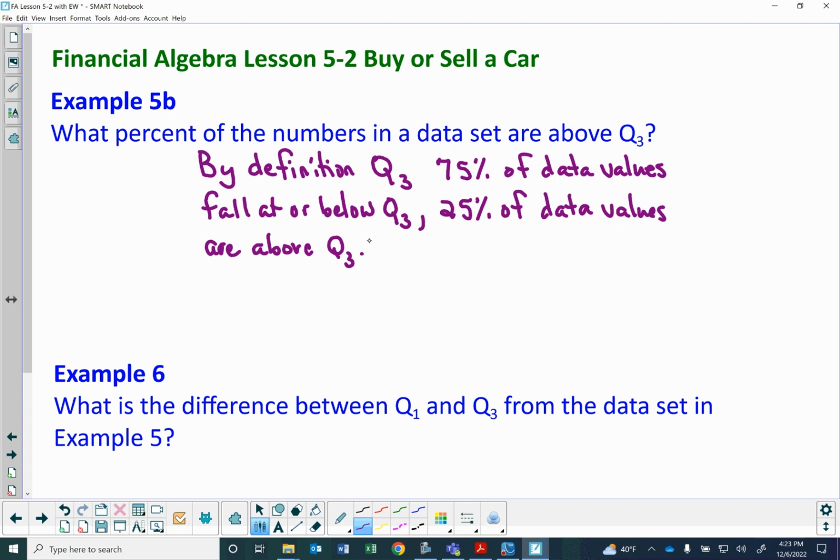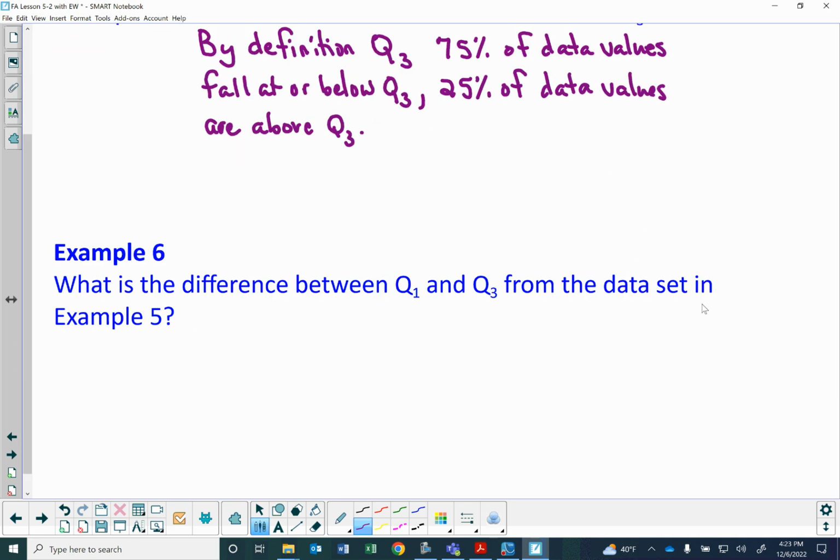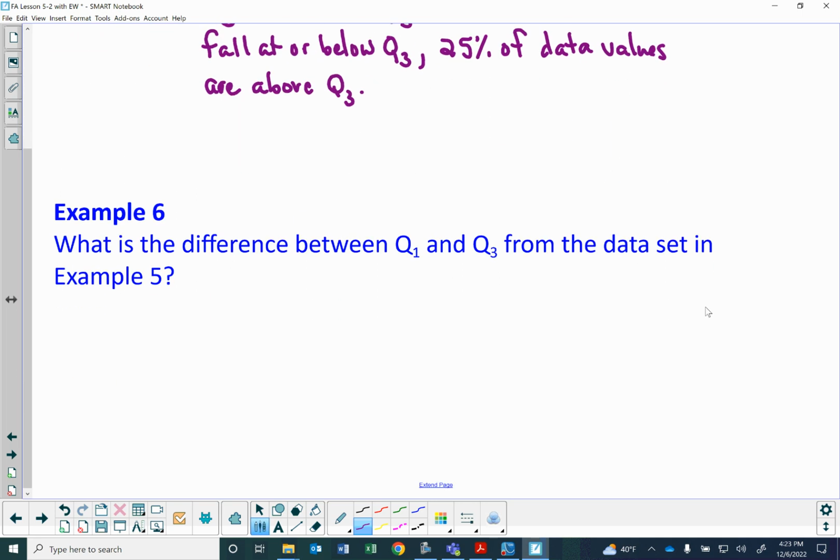All right, so then we get into example number 6. What is the difference between Q1 and Q3 from the data set in example 5? Well, Q3 from example 5 was 32. Q1 was 19.